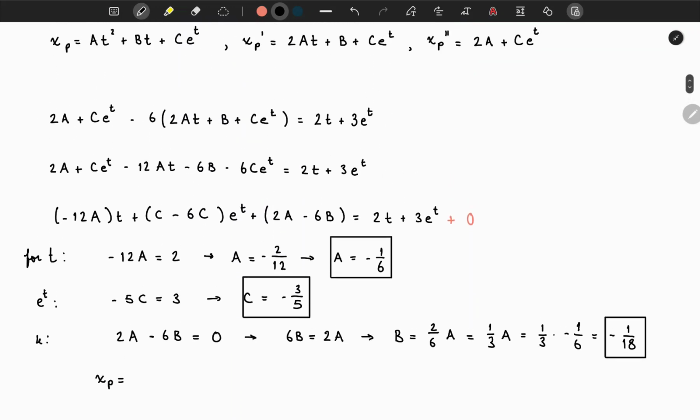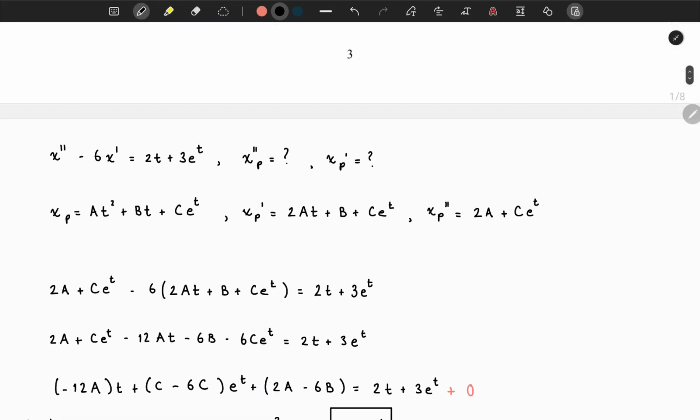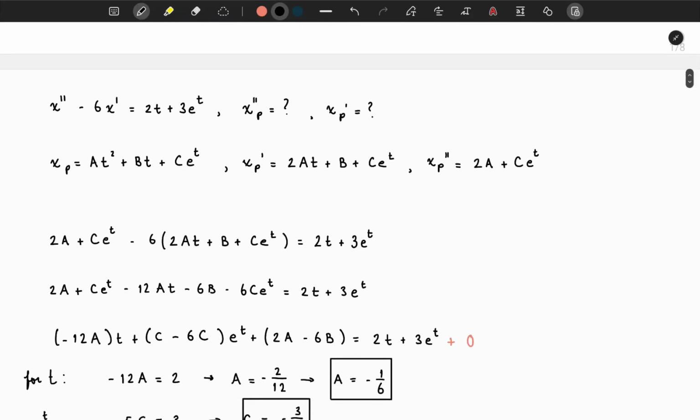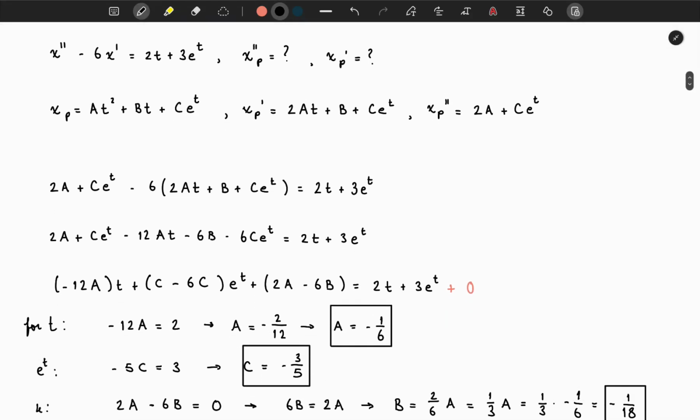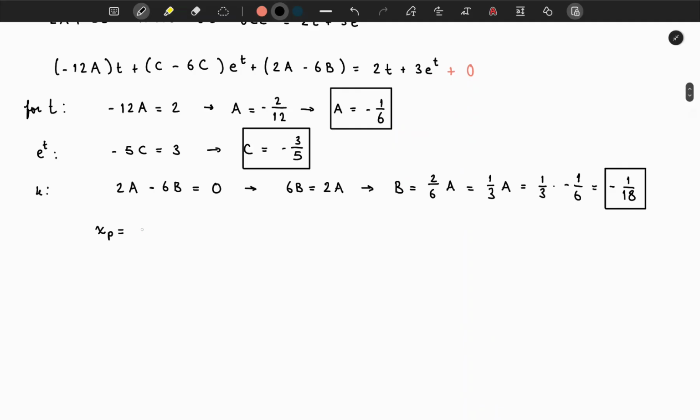If we recall, our xp was at squared plus bt plus ce^t. So our a is now negative 1 over 6 t squared minus 1 over 18 t, and this is minus 3 over 5 e^t. So this is our xp.